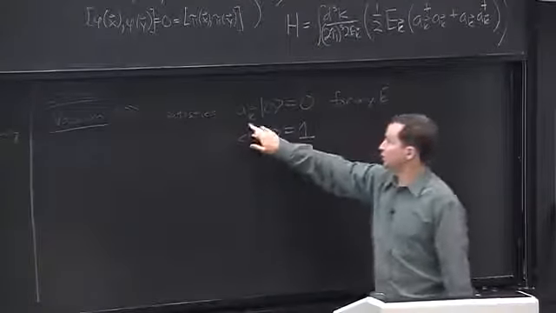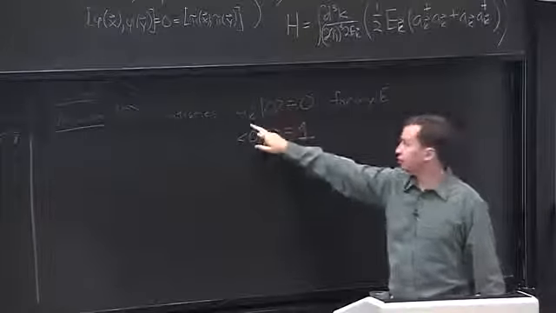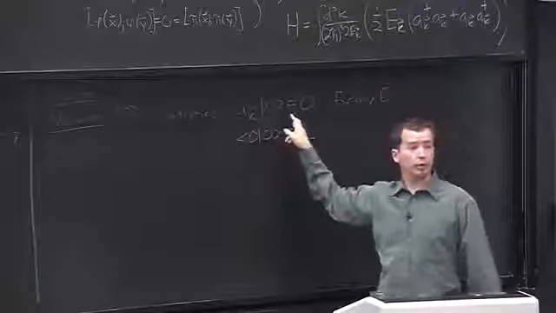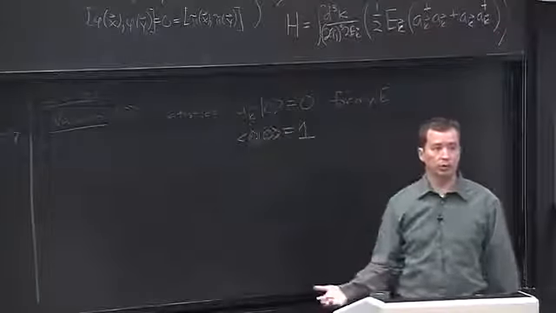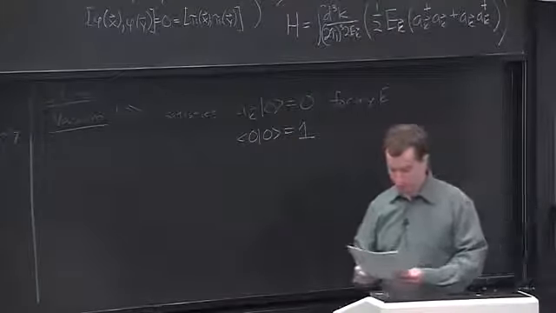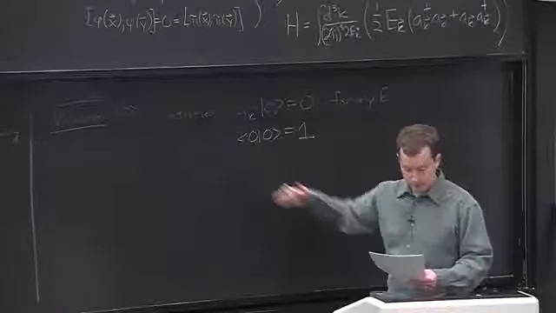So this is saying we basically can't remove a particle from the vacuum. The vacuum is the state with no particles. If we apply these lowering operators that annihilate particles, we get nothing.